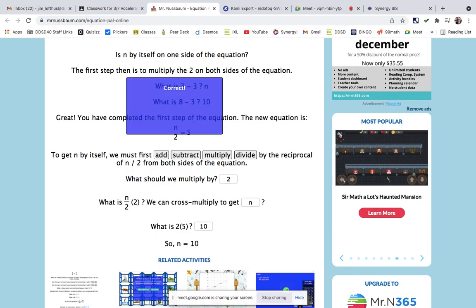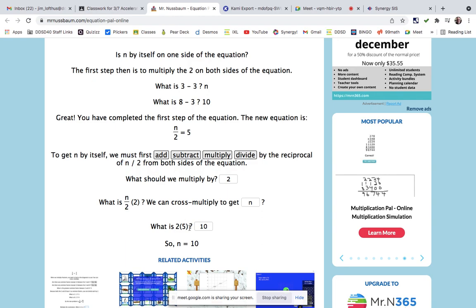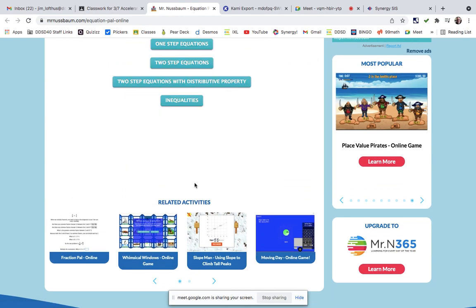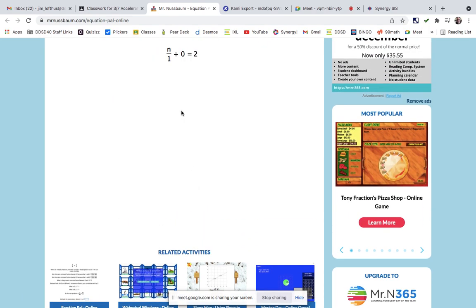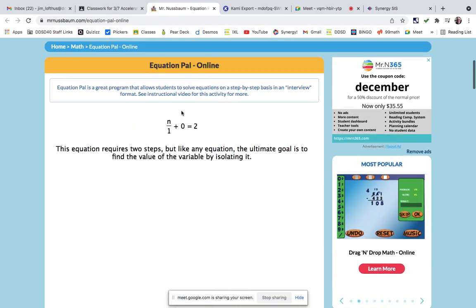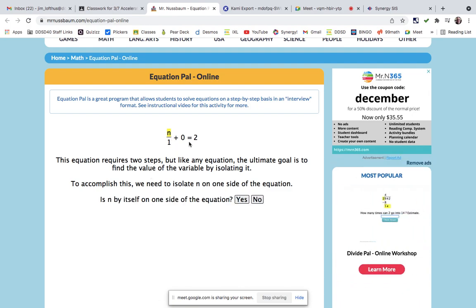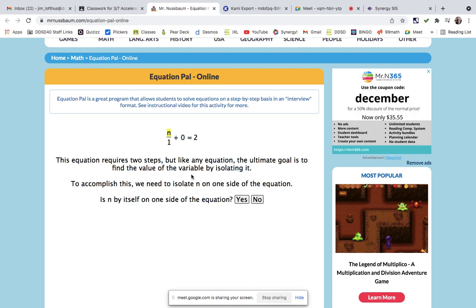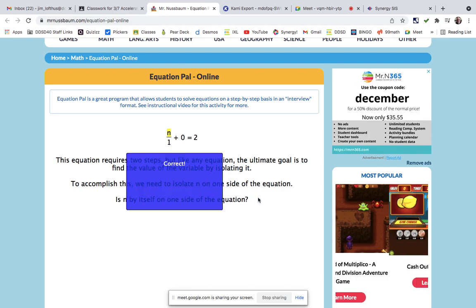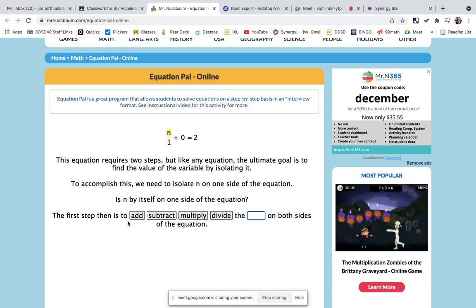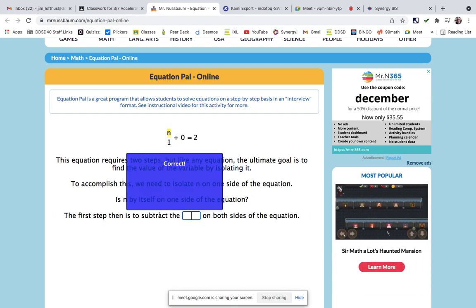I'll do another one. And it should pop up here. There we go. Try another one. Let's try another 2-step. So this one is kind of silly because it's got a 0 and a 1 in it. But we'll just do it anyway. No, it's not all by itself. The first step is to subtract.